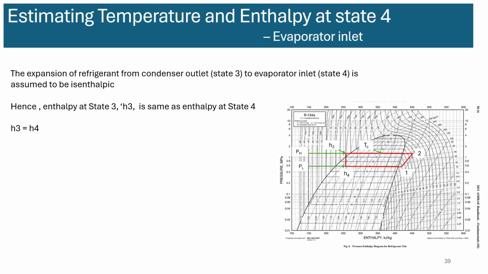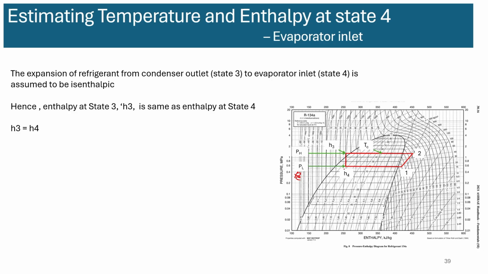Now we need to know state 4. H3 and H4 are the same because it's an isenthalpic line. So since H3 is H4, we already know the value of H4. And what about the pressure? The pressure here is the same as P evaporator. So we know the pressure.